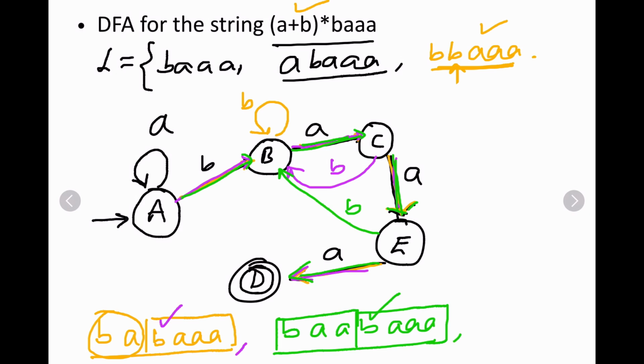Then another combination, bbbabbb. So this is also valid. When this comes here, give D on a to B. The input buffer still has some input, right?